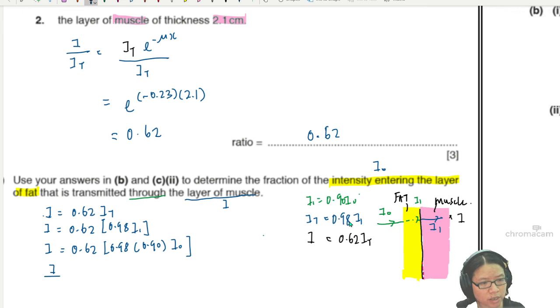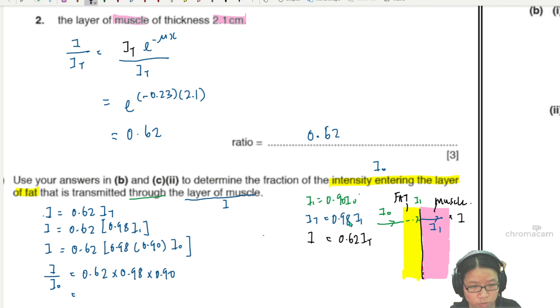So the conclusion: I over I0 will be 0.62 times 0.98 times 0.90, because all these are just percentages or fractions. You can bring them all together, 0.62, 0.98, 0.9, and get 0.5468.